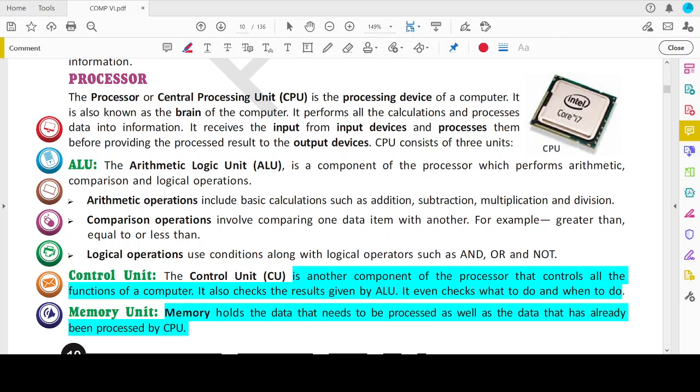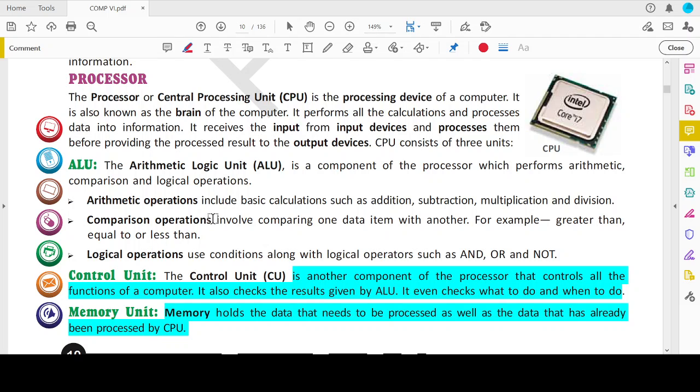So the arithmetic and logic unit is a component of the processor that performs arithmetic, comparison and logical operations. What are arithmetic operations? These include the basic calculations like addition, subtraction, multiplication and division.